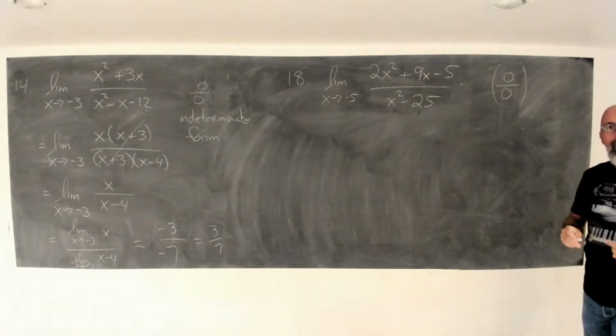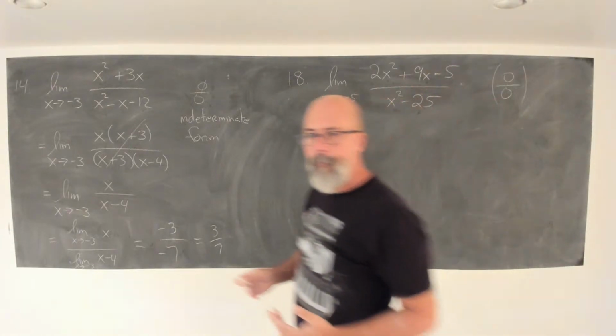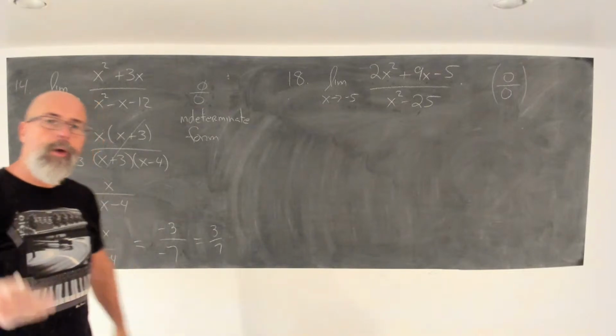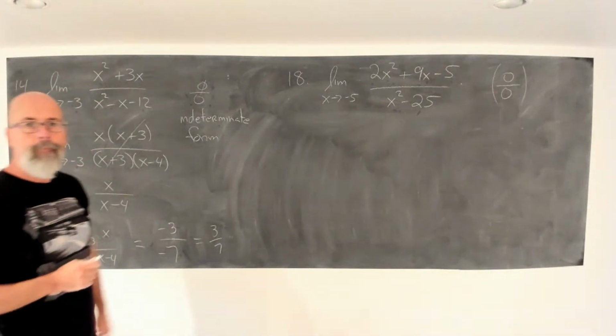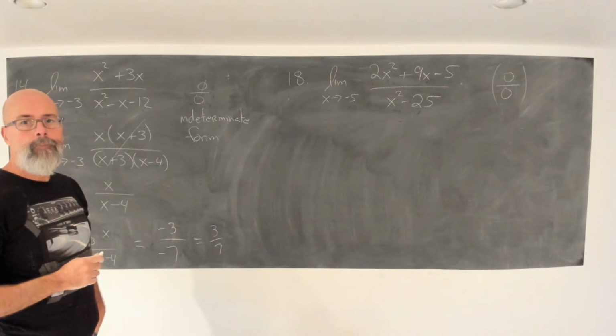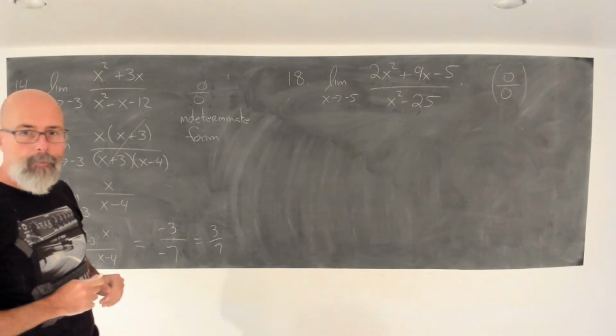So we again have a 0 over 0. You again have an indeterminate form. What are you going to do? You know what to do. You're going to factor top and bottom. Exactly that.